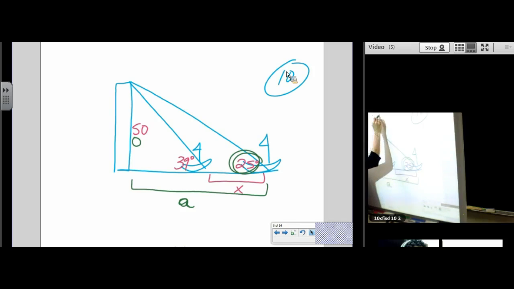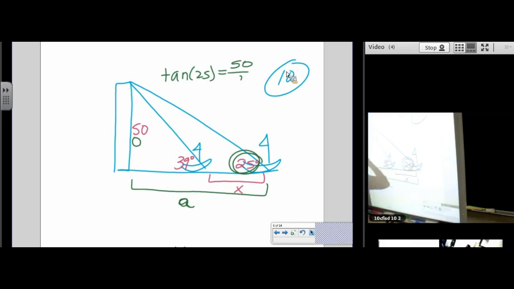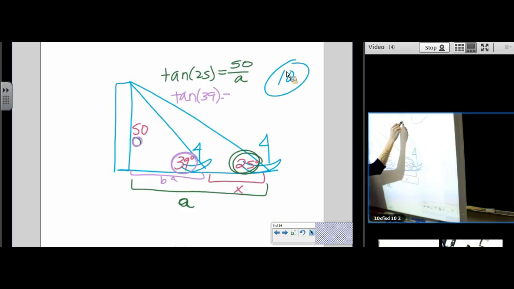Okay? So this is going to be tan. Tan 25 equals opposite over adjacent. And then if we call this value right here B, we would be using this triangle with the 39. This is still opposite, and B is adjacent. So it's tan again equals opposite over adjacent.